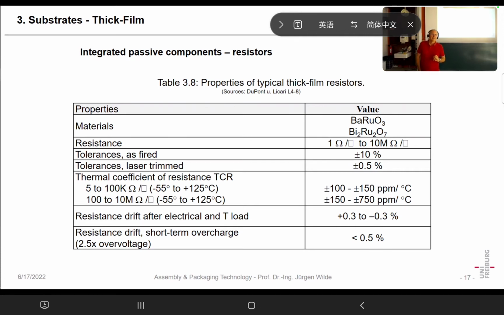Now we have a problem because almost all materials are dependent on temperature with their specific resistivity. That's depending on whether they have more metallic behavior or whether they have more intrinsic semiconductor behavior.